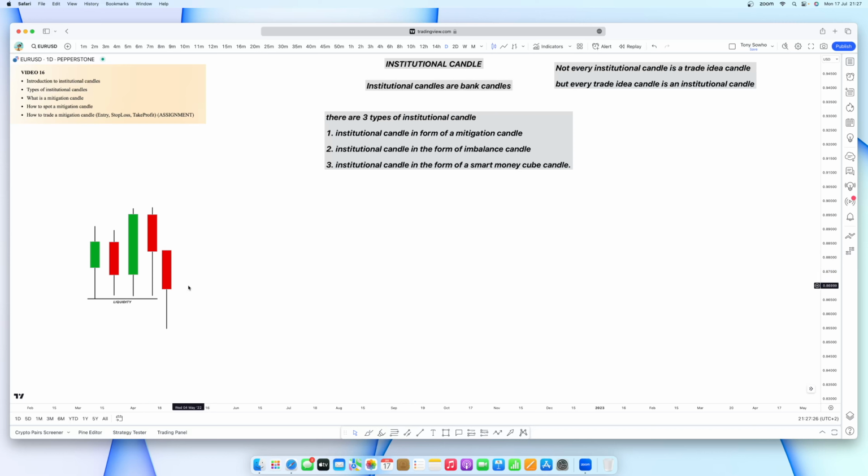And then price closed. Now, what has happened in this area? This is the institutions. In this area, the institutions have sold down to capture the liquidity that is resting here. Because now you can see we had a very big run on the liquidity.